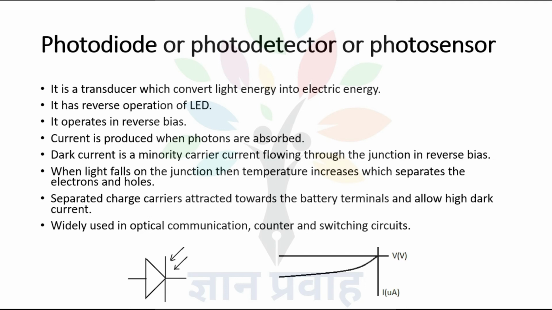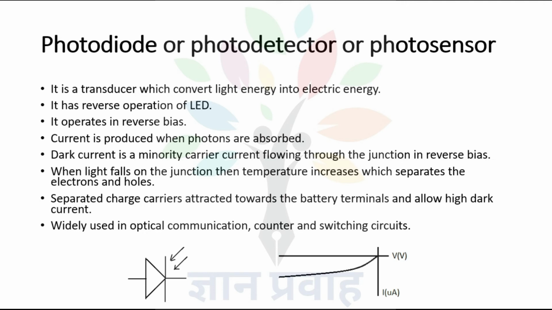Minority charge carrier current is called dark current in the case of a photodiode. When light falls on the depletion region, charge carriers are separated and move towards the battery terminals. Electrons move to the positive terminal of the battery and holes move towards the negative terminal. It means the minority charge carrier concentration increases.